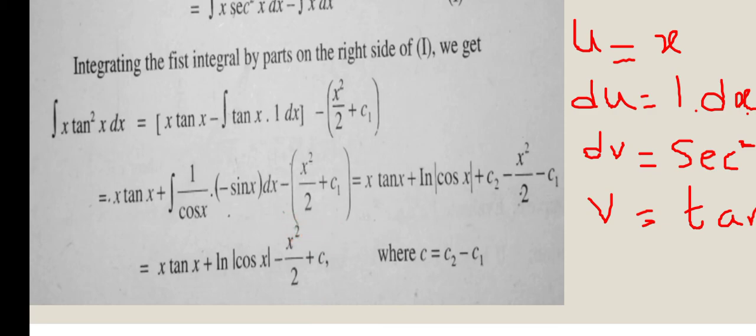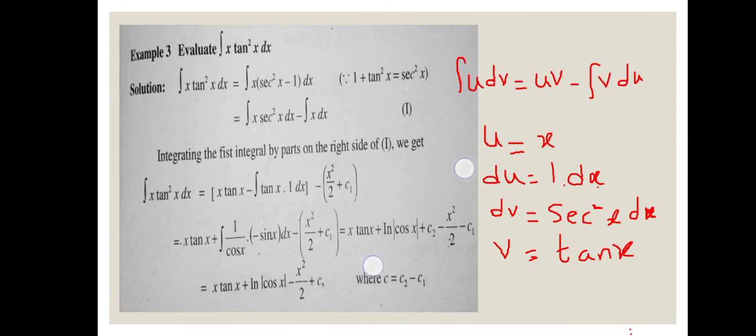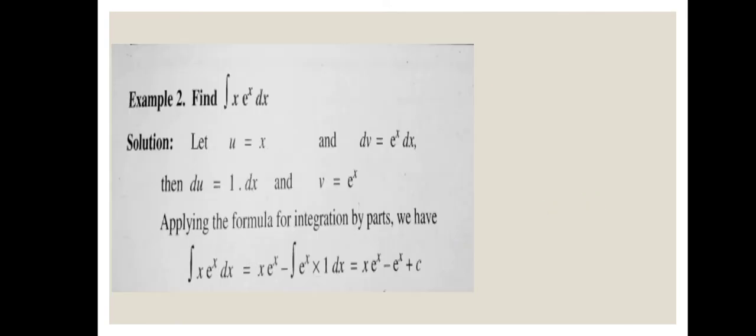So I hope you have got the concept. This example is also very simple. And the last example we have: find integration x raised to the power x multiplied by e raised to the power x dx.